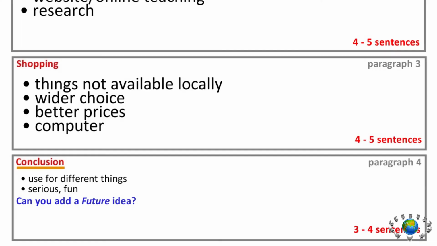Now, here is a tip which can make your writing fantastic. Not always possible, but if you can include an idea about the future in your last paragraph, sometimes the last sentence, it's a great way to finish writing.